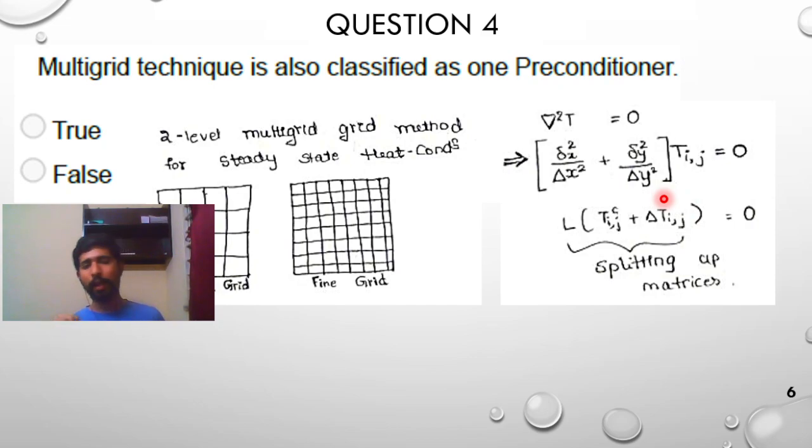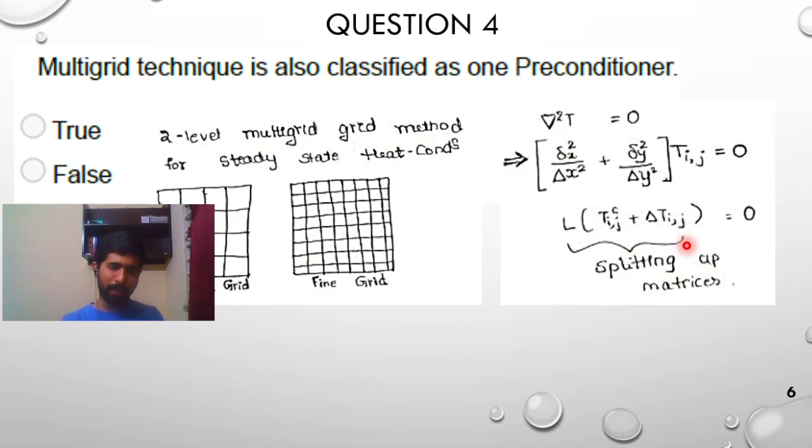That is why the multi-grid technique is also classified as one of the preconditioning techniques, although it was not brought in as a preconditioner, but it acts as one by splitting up the whole matrix. Now you can write L of Tij plus L of delta Tij is equal to 0.